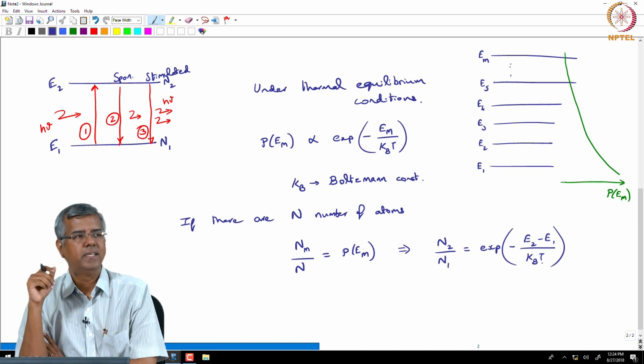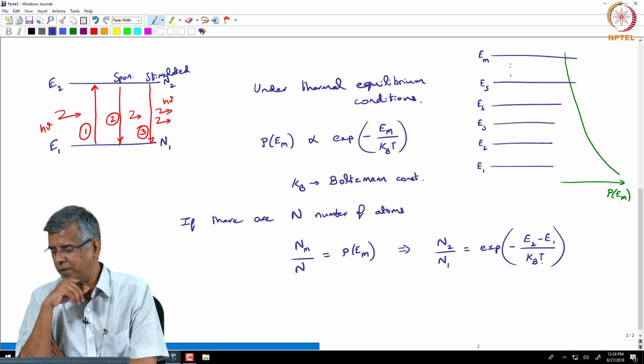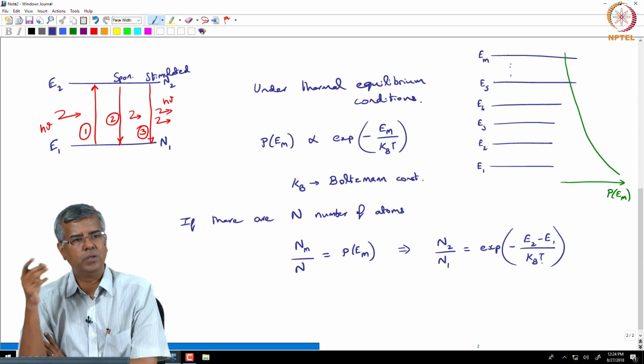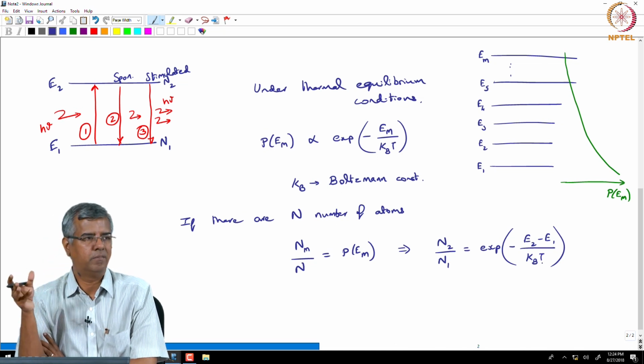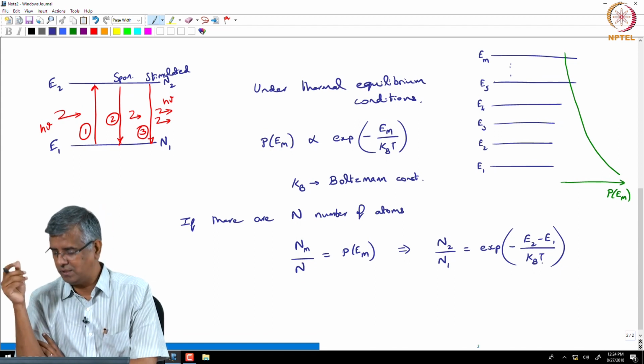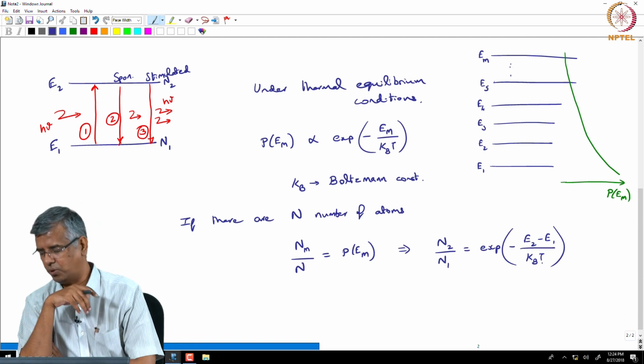On the other hand, if I heat up that material to an elevated temperature, maybe 100 degrees centigrade, there you may actually have energy corresponding to 100 electron volt, in which case you have equal number of atoms in the high excited level compared to the ground level. So, that is what this means.